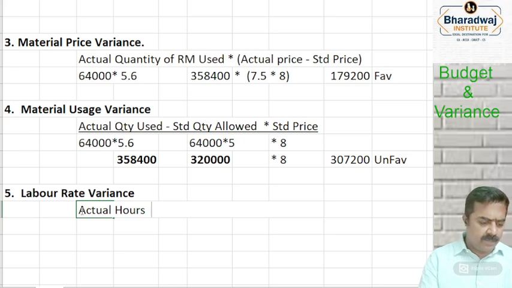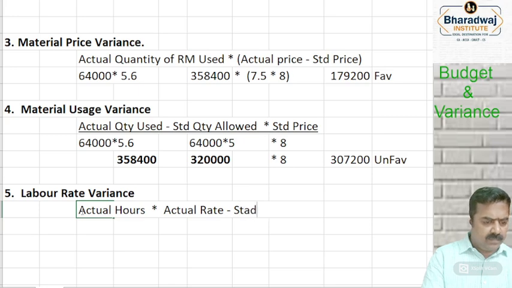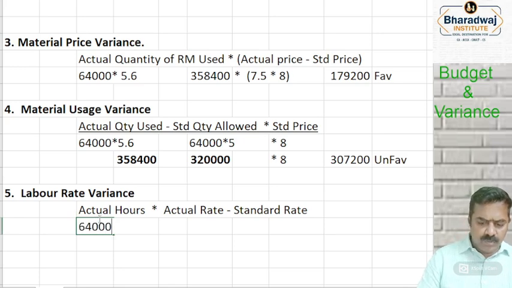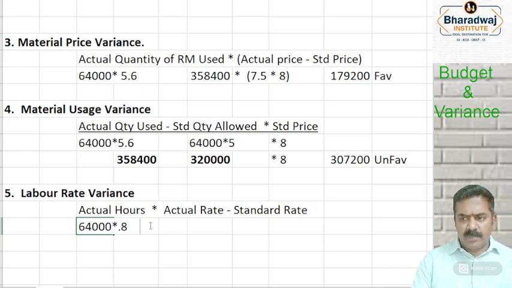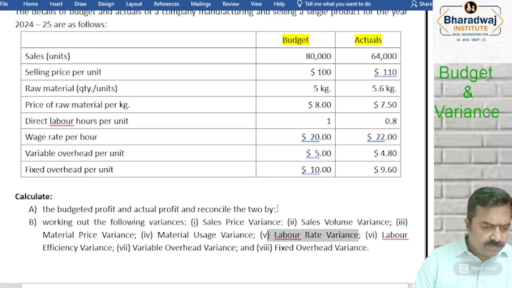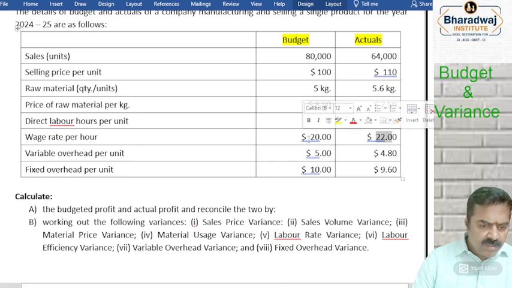Actual hours into actual rate minus standard rate. What is the actual hours? How many hours? 64,000 into 0.8. Okay. What is the actual rate given? 22. Standard rate is 20.